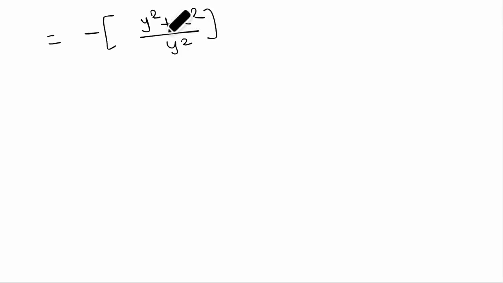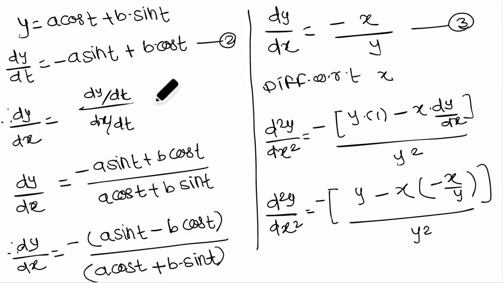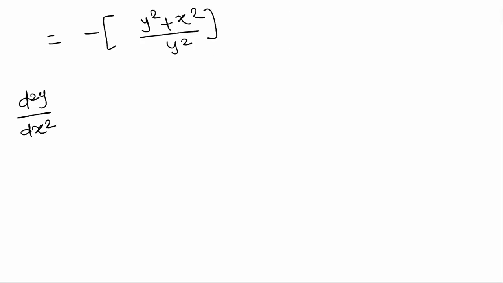So what is the final value of d2y by dx square, guys? And what have they asked? Yes, y cube into d2y by dx square plus x square plus y square. So just shift that y square to the left side.